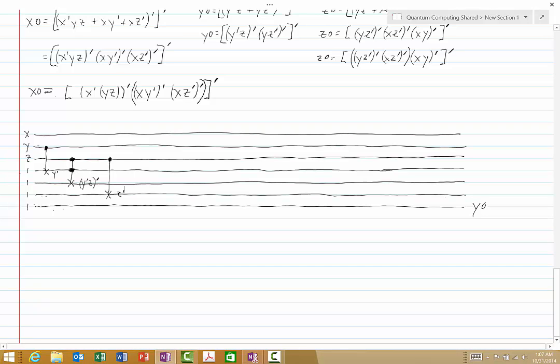So what we could do in this case is put another gate like this, another controlled NOT gate, and that would undo the action of the first controlled NOT gate and give us back a 1 here.